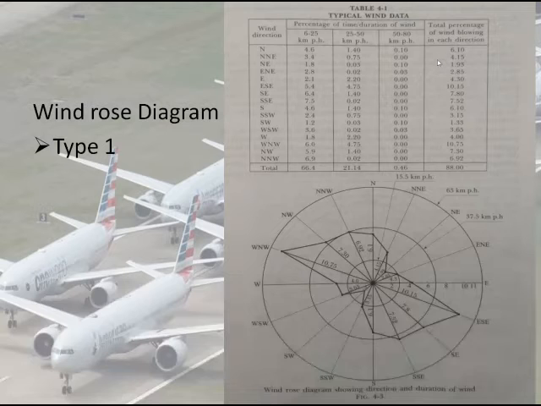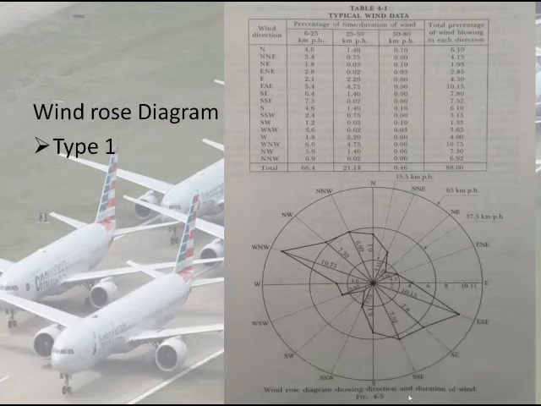The windrows diagram can be plotted in different types. We are going to learn about one type of plotting a windrows diagram, type 1, as shown in figure 4.3.